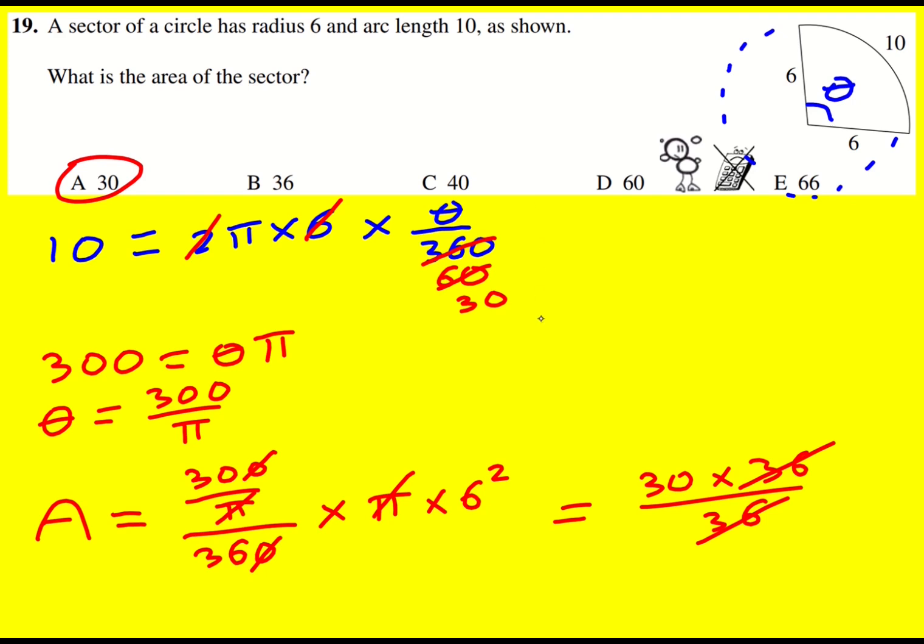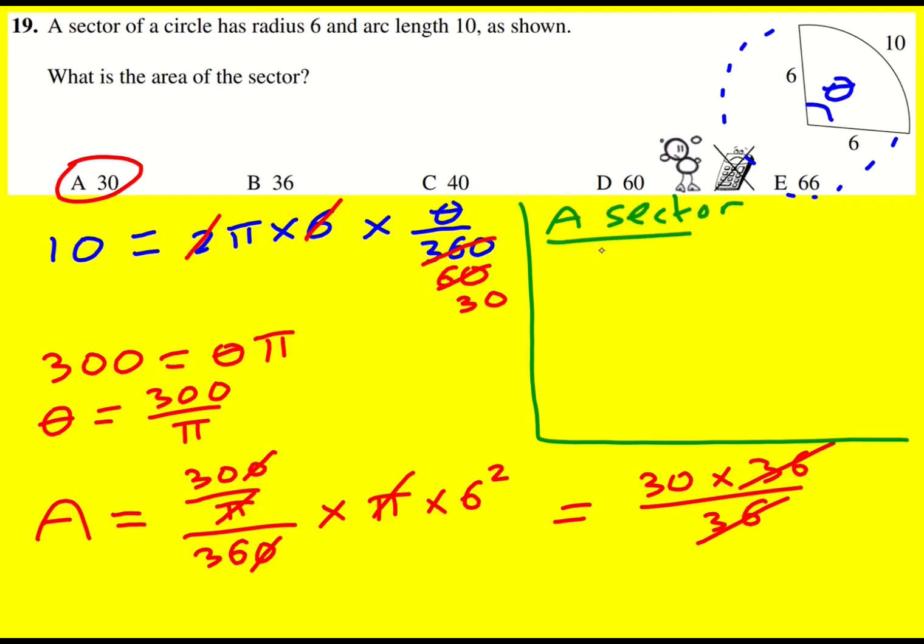Just want to give an alternative method to this as an add-on. And it is actually nicer. I didn't think to do it myself when I did it, but I looked at the solutions and it's really nice. It is to notice that basically the area of the sector, if I was to divide it by the area of the circle, then I'd be left with the fraction that I actually have of the circle.